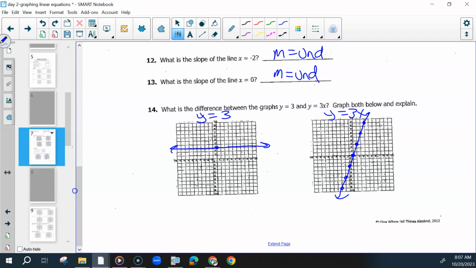So draw those two. What is something these have in common, or some difference you see? They both are y equals, okay. They both have 3, okay. Similarities.